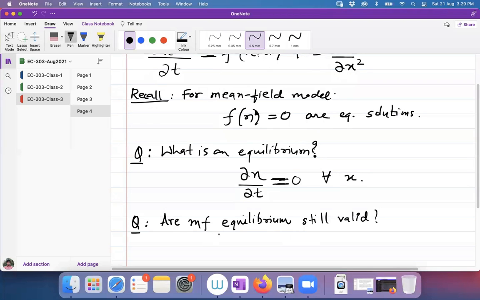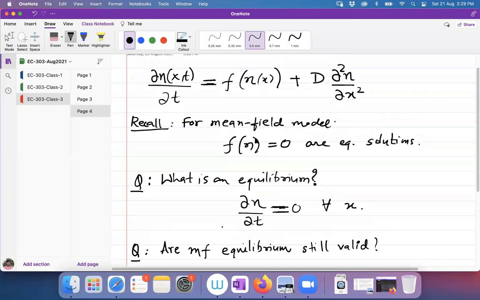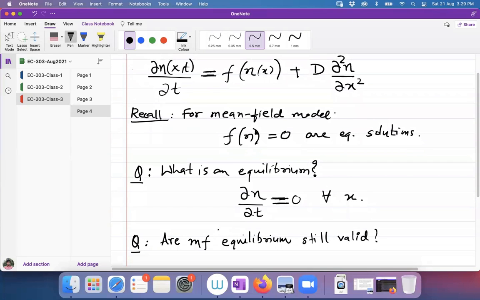Are they still valid for the complete spatial model, the reaction-diffusion model? No. Why not? Because we then need to solve this differential equation, right? The second order differential equation.